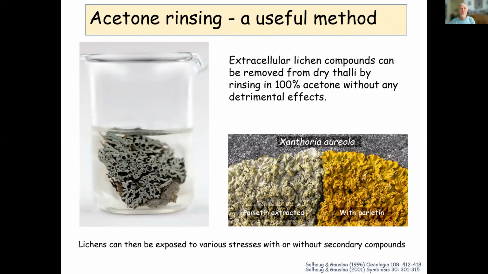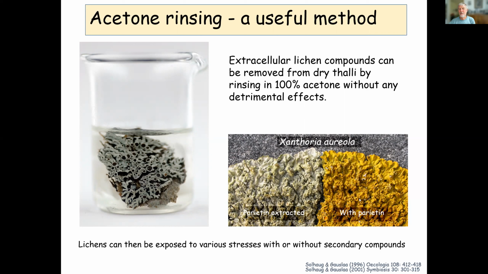For studying the effects of secondary compounds, we used a technique that we found 20 years ago that we called the acetone rinsing method. Then we found that dry lichen thallus can be put into 100% acetone for some minutes or even hours. Then most of the lichen secondary compounds can be removed.